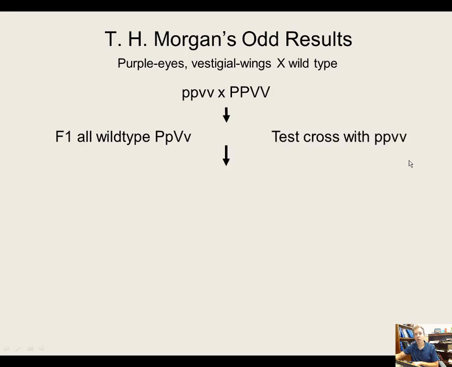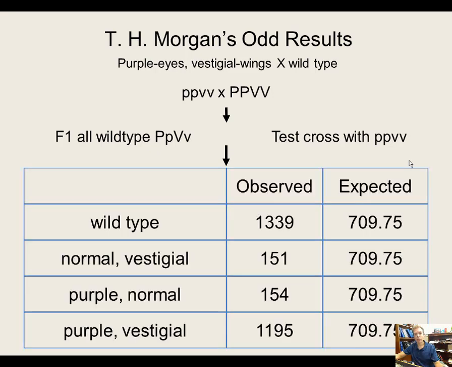Test crossing these with purple eye vestigial wing flies resulted in some strange results, not the normal results that we saw with independent assortment. The observed numbers are shown here in this column in the middle. The number of wild types exceeded what you would expect to find from an independent assortment.